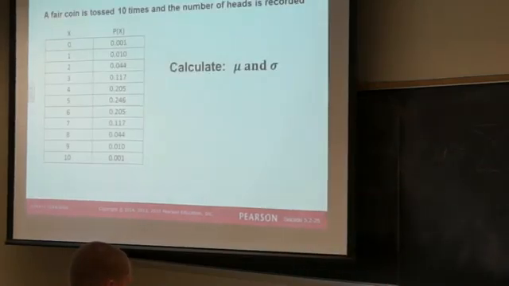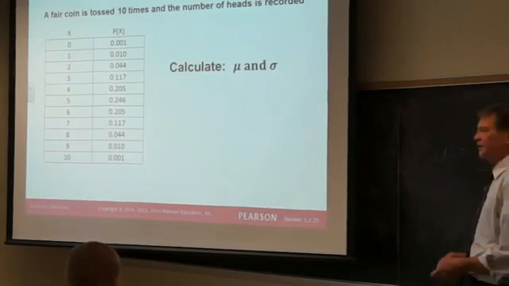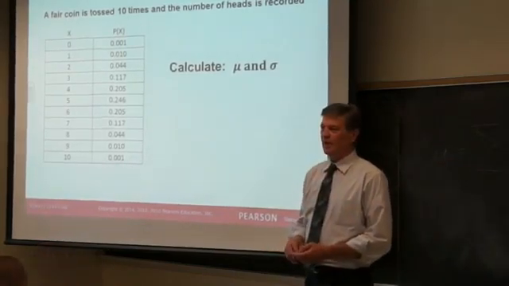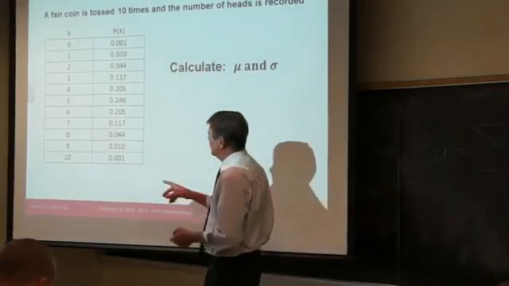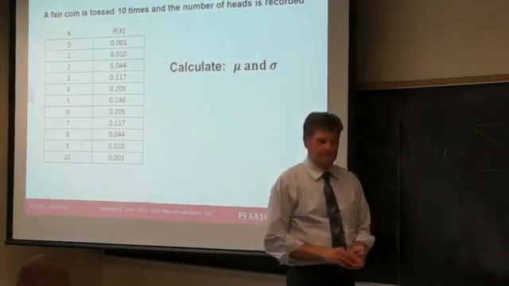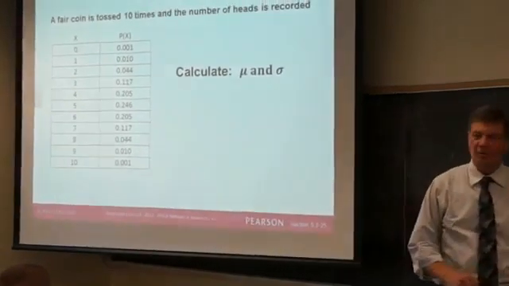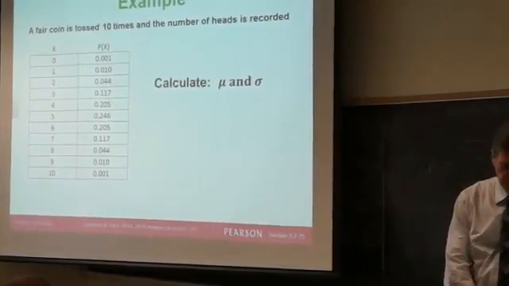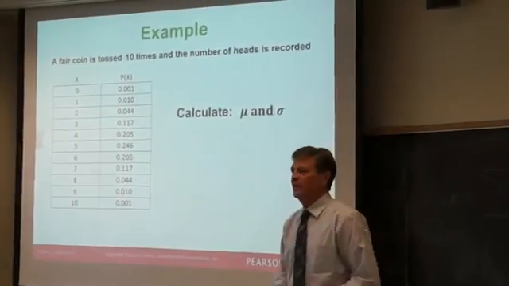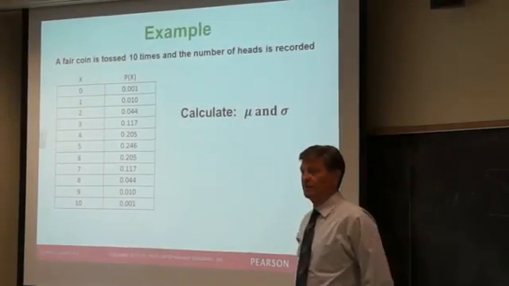Okay, time to get some exercise. Fire up those calculators. I want you to put the x's in L1 and the P of x's in L2. That's a discrete probability distribution. You can verify that the sum of all the P of x's is equal to 1.